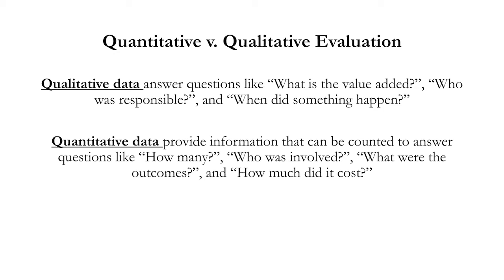The limitations of qualitative data for evaluation could be the inability to generalize it, the time consuming and costly nature of the data collection itself, right? It's a lot harder to pin down qualitative information, and then there's the difficulty and complexity of the analysis and interpretation process.